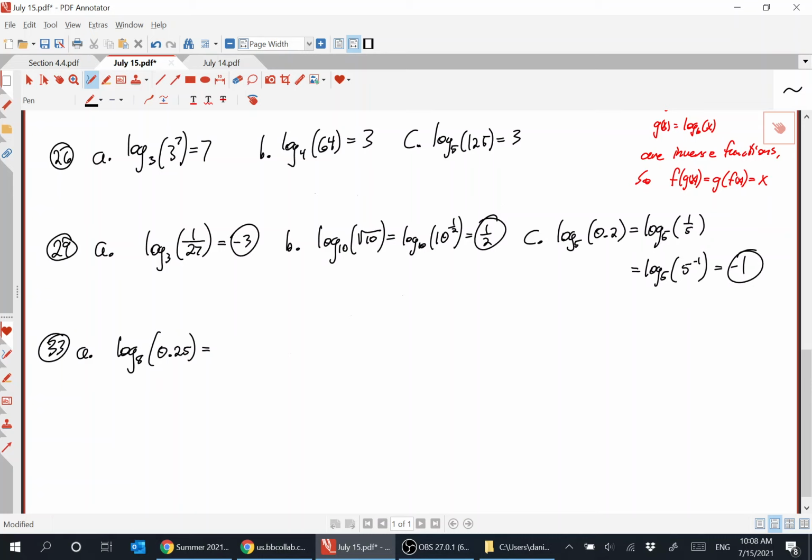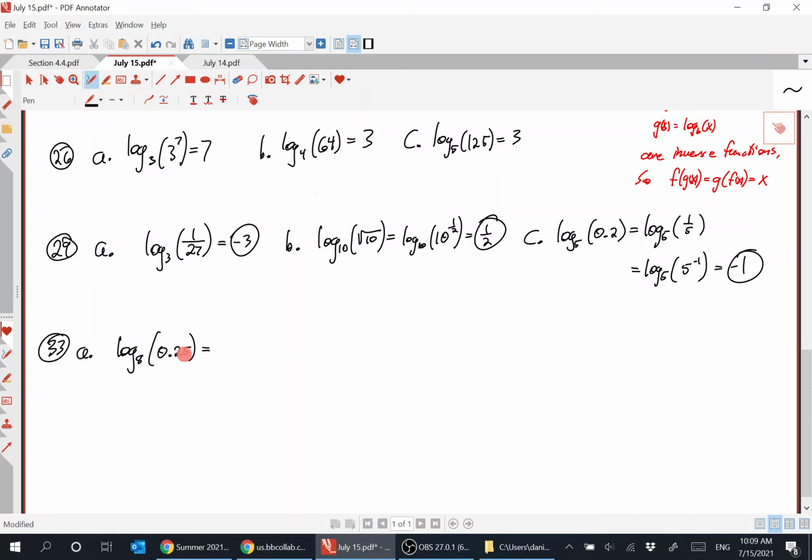I think that's gotta be a typo. Let me see. This number 33 and 4.4, or 4.3. No, I guess it is not. So log base 8 of 0.25.